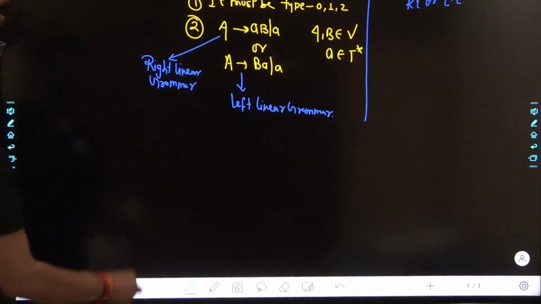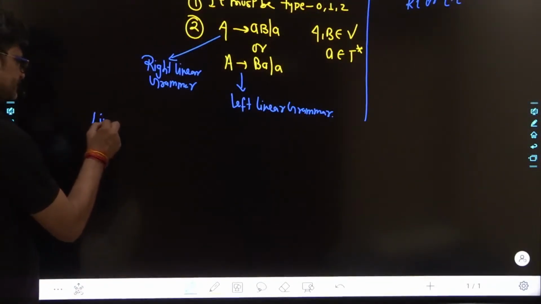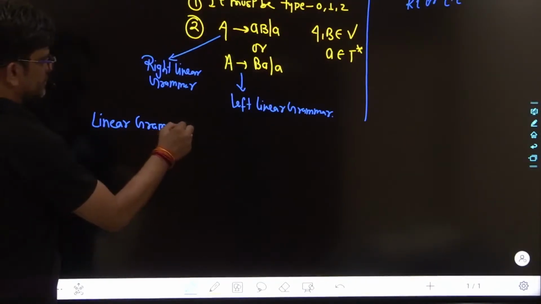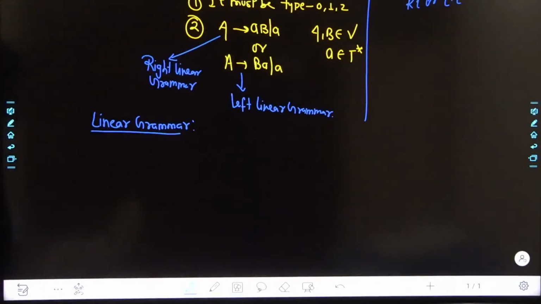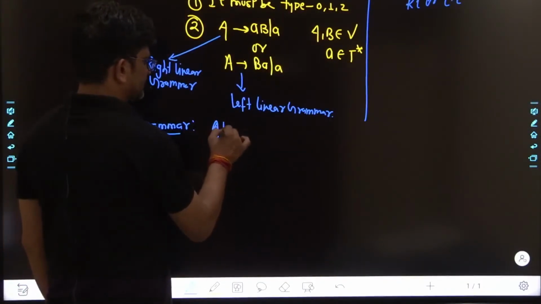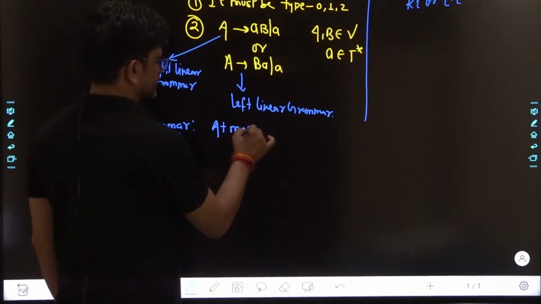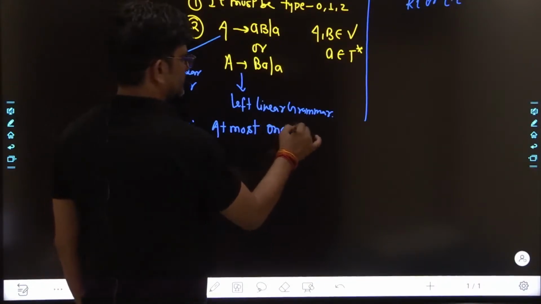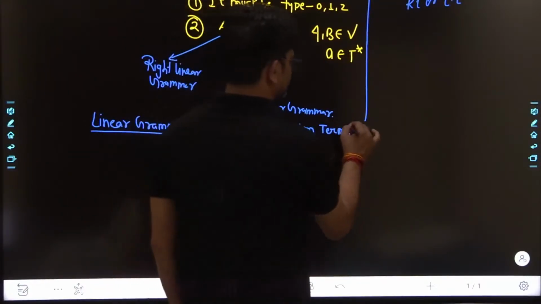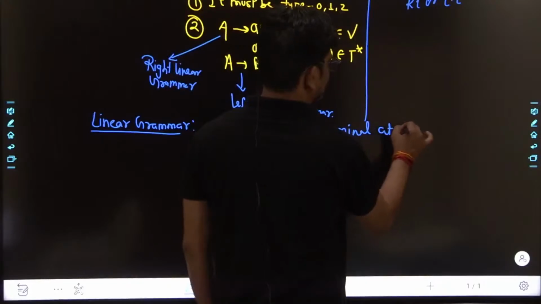So now, what is a linear grammar? Linear grammar has at most one non-terminal on the right hand side.